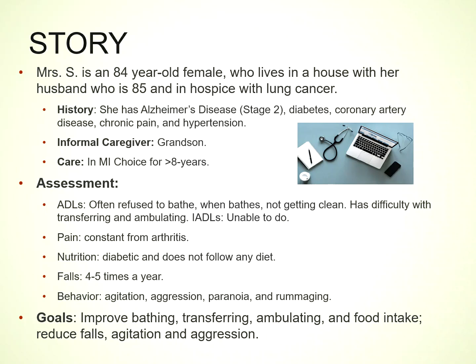On assessment, in regard to ADLs, she often refused to bathe, and when she bathes, she's not getting clean. She has difficulty with transferring and ambulating, and she's unable to do any IADLs. Her pain is constant from arthritis, and her nutrition is poor as she does not follow any diet, and she falls 4 or 5 times a year. And in regard to her behavior, she has agitation, aggression, paranoia, and rummaging. Her goals are to improve her bathing, transferring, ambulating, and food intake, reduce her falls, agitation, and aggression.